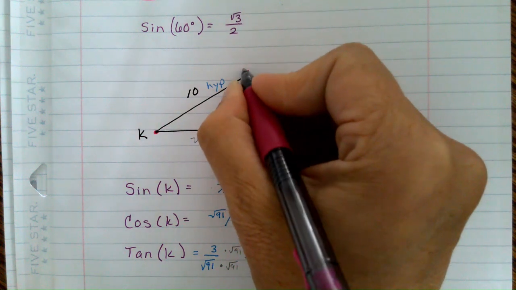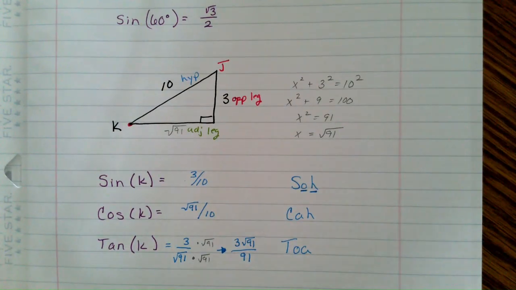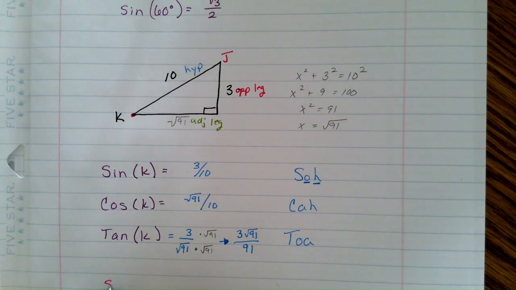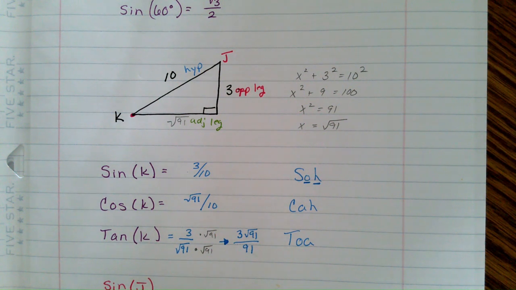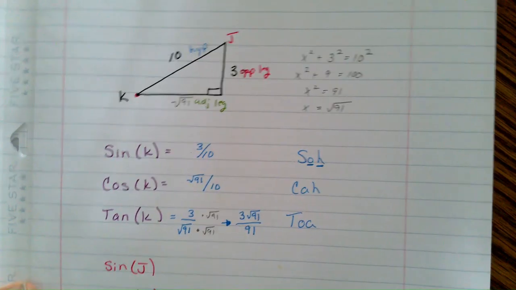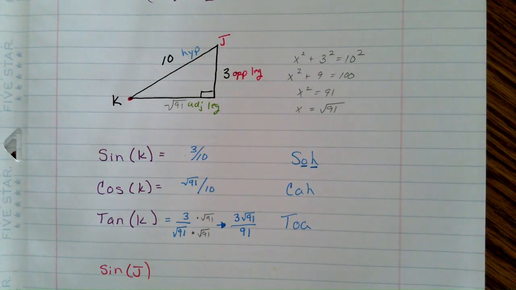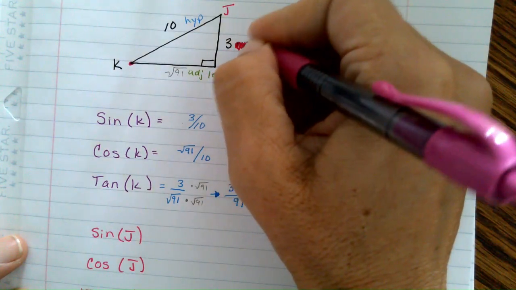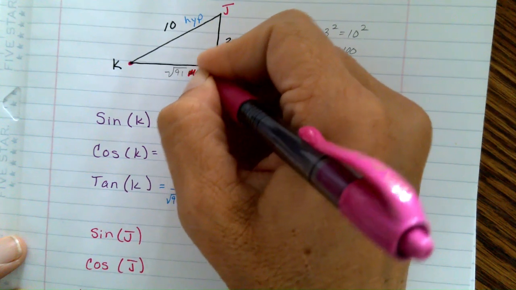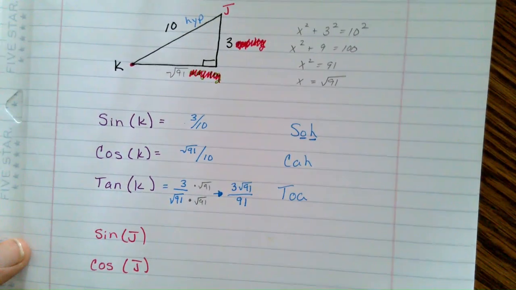Now I'm going to do j. Let's do the sine of j, the cosine of j, and the tangent of j. So we're going to do the sine, cosine, and tangent, but we moved corners, so those don't apply anymore.